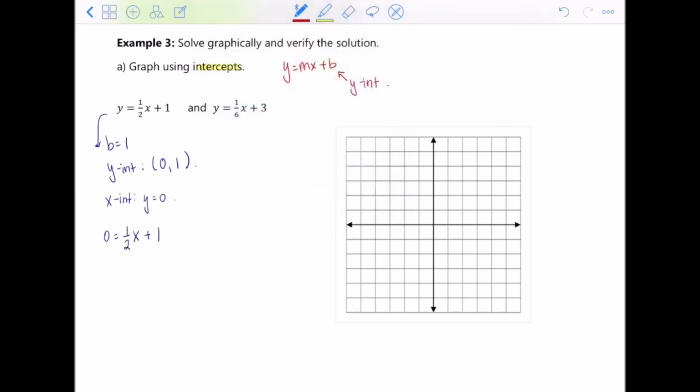We need to get rid of that denominator first, so I'm going to multiply the entire equation by 2, and we get 0 equals x plus 2. Then I'll take away 2 on both sides, so we're left with x equals negative 2. So the x-intercept happens at (-2, 0).